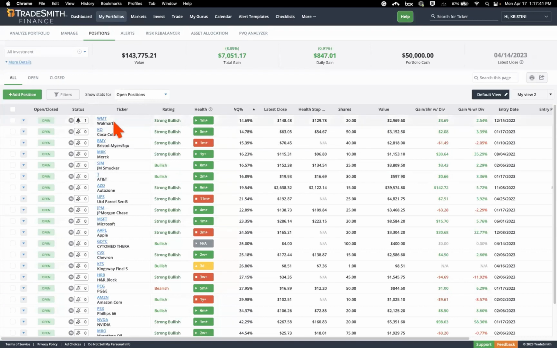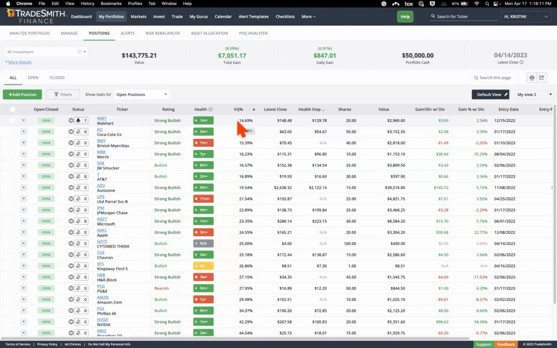Walmart here is considered low risk. It moves up and down around 15%. Remember, 15% or less is considered low risk. The reason I'm bringing up the 25% trailing stop is if you were to add a blanket 25% trailing stop to all of your stocks, you're actually taking more risk than necessary.